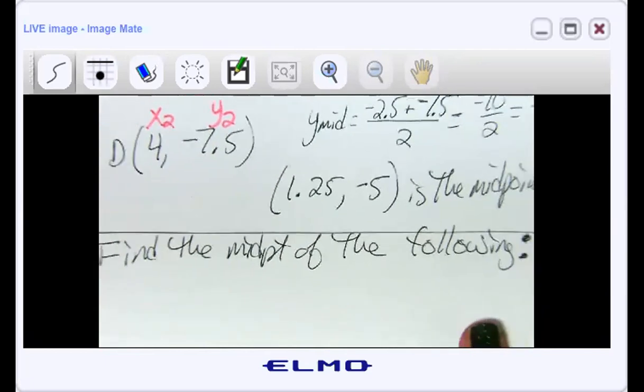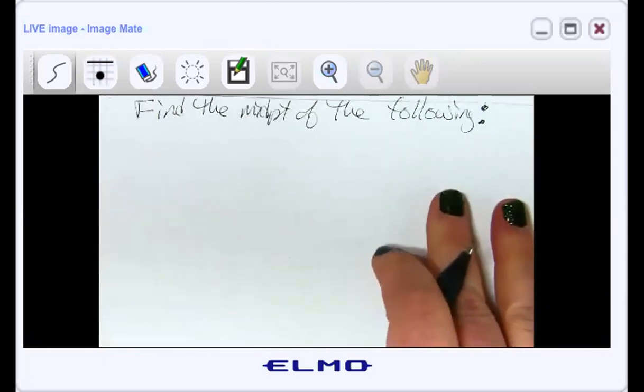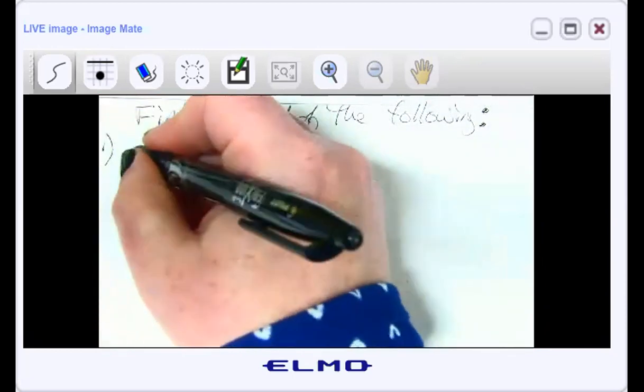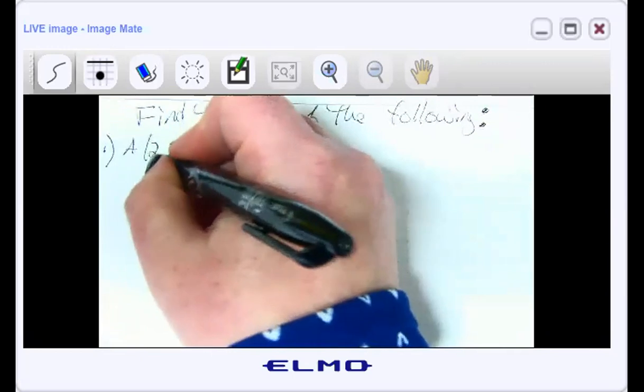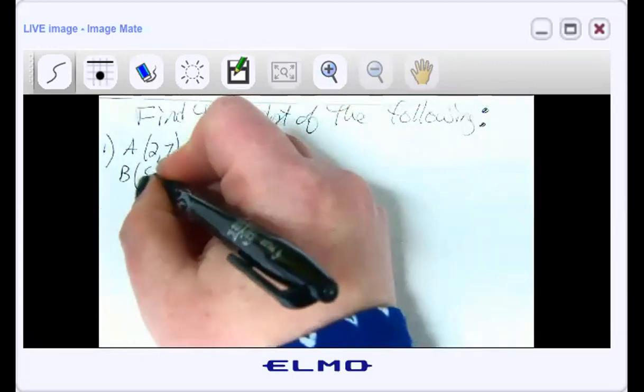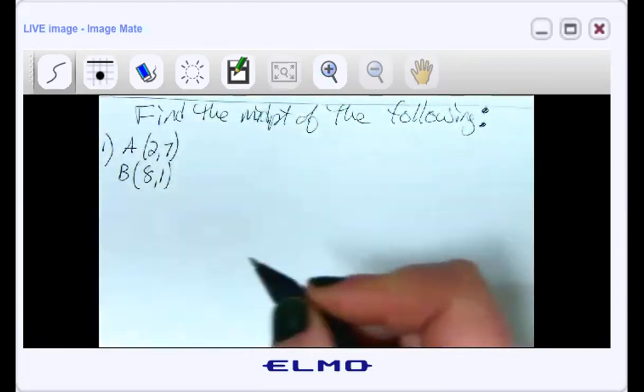So number 1, let me zoom out a little bit here. There we go. Number 1, your points are A is at 2,7 and B is at 8,1. All right, there's your first one.